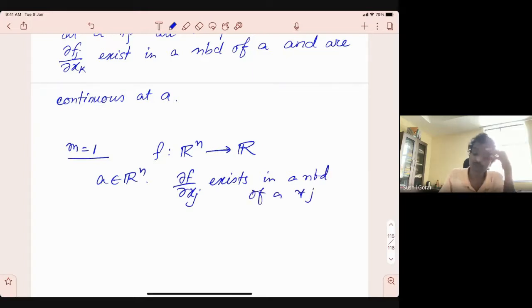Suppose Rn is here, say R3 or more. This is the point a, and you have a small neighborhood around it where this partial derivative exists and is continuous at a.